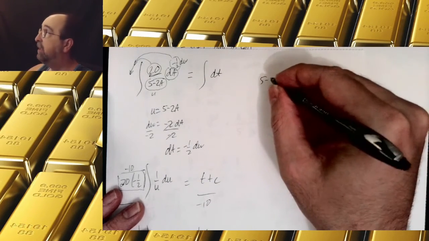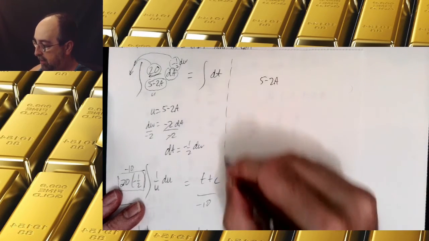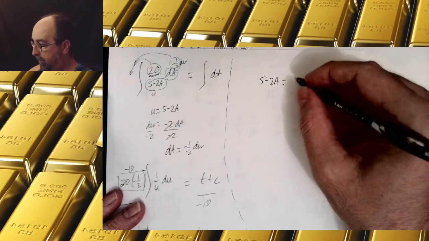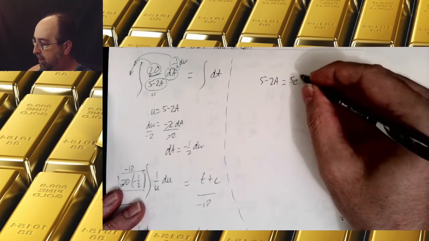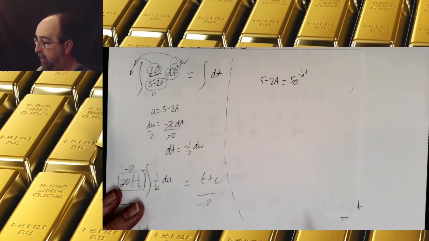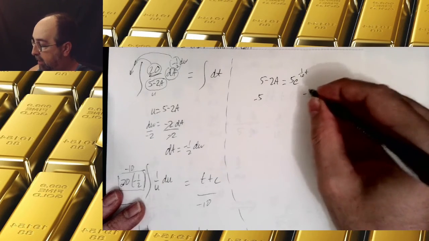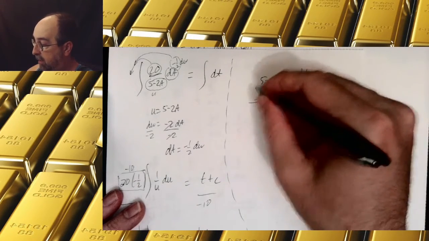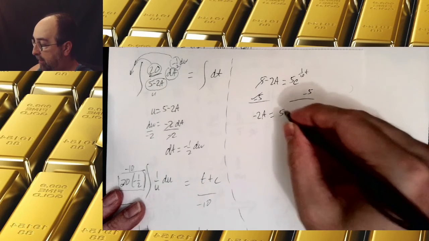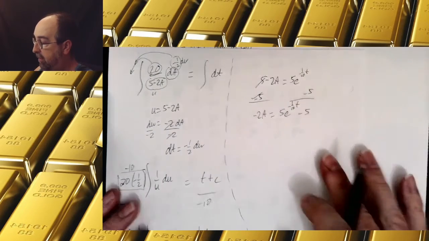If 5 minus 2a, let me put a separator in here, is equal to 5 times e to the negative 1/10 t, because c was 5, then I can solve for a. I can minus 5 on both sides and have negative 2a is equal to 5e to the negative 1/10 t minus 5.